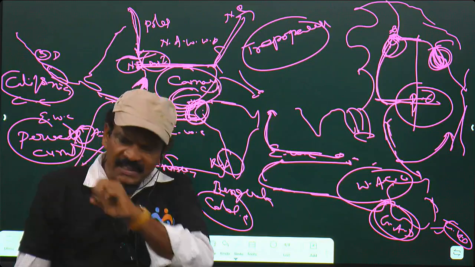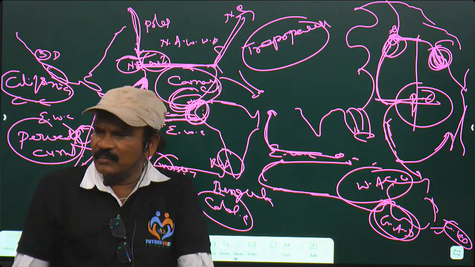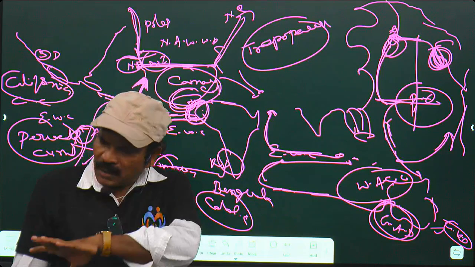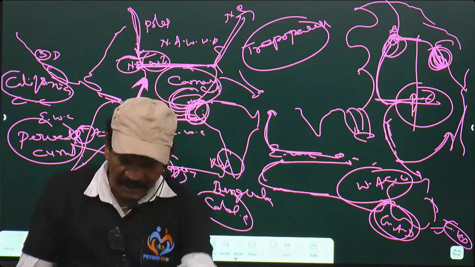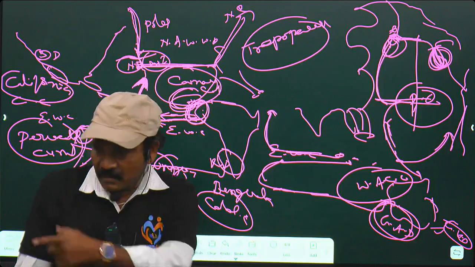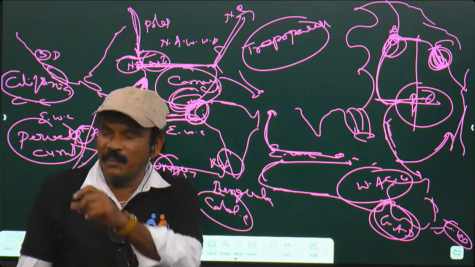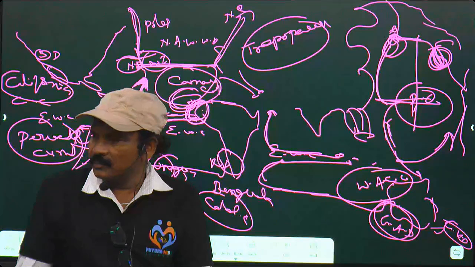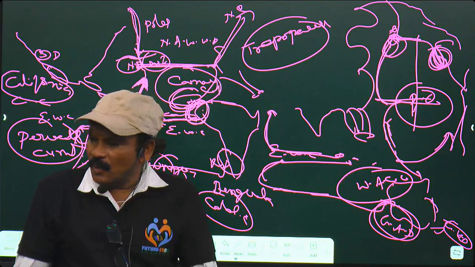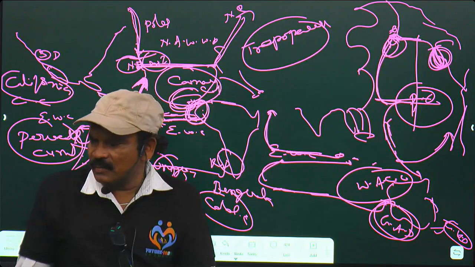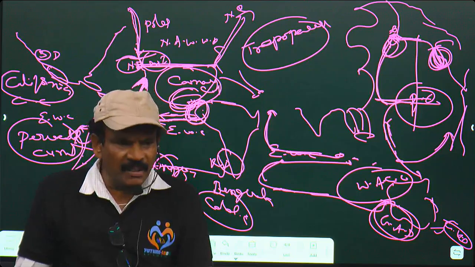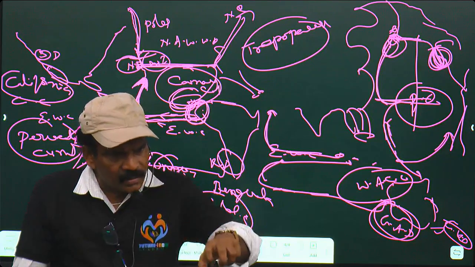Subtropical high pressure is nothing but 30 degrees in the northern latitudes, 30 degrees in the southern latitudes. The high pressure belt is nothing but a humid atmosphere. Humid atmosphere is called high pressure.